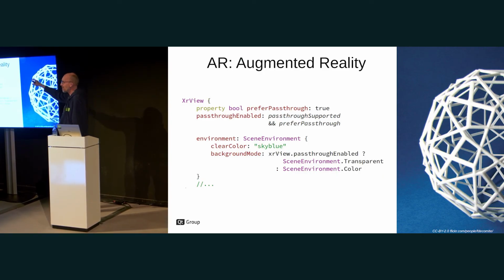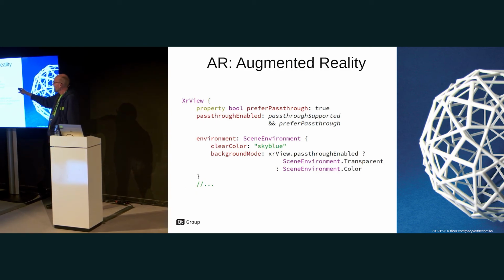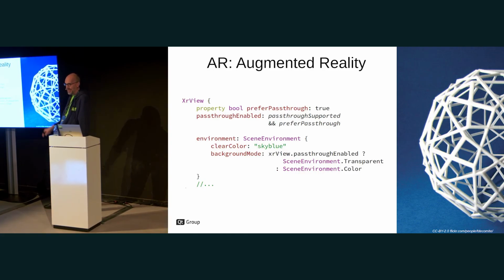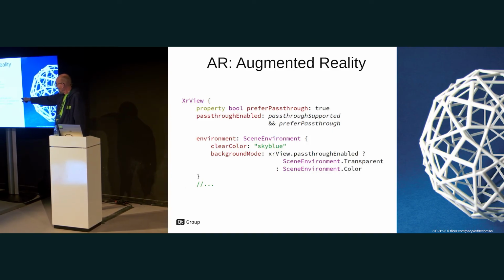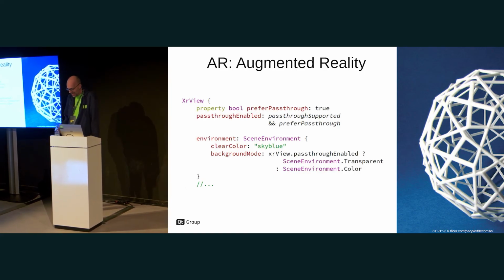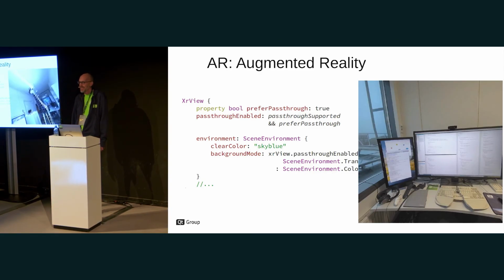And then I set pass-through enabled if the system supports pass-through and I want it. And then the important part, in my scene environment, I need to set the background mode to transparent. That's all you need to get an AR scene. And this is how I ended up with a giraffe in my office.